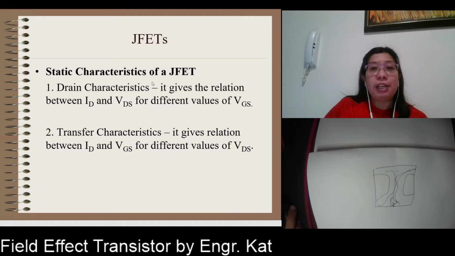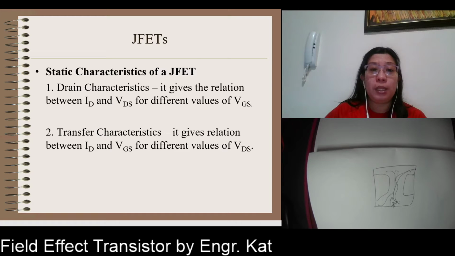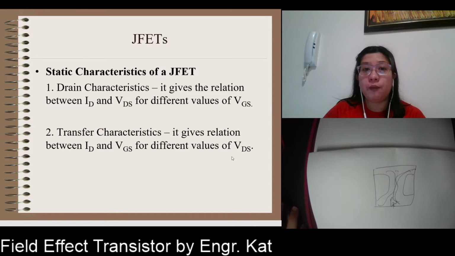So we have static characteristics for a JFET. We call this your drain characteristics. It gives the relationship between your ID and your VDS for different values of VGS. And then we have a transfer characteristic. It gives the relationship between ID and VGS for different values of VDS.